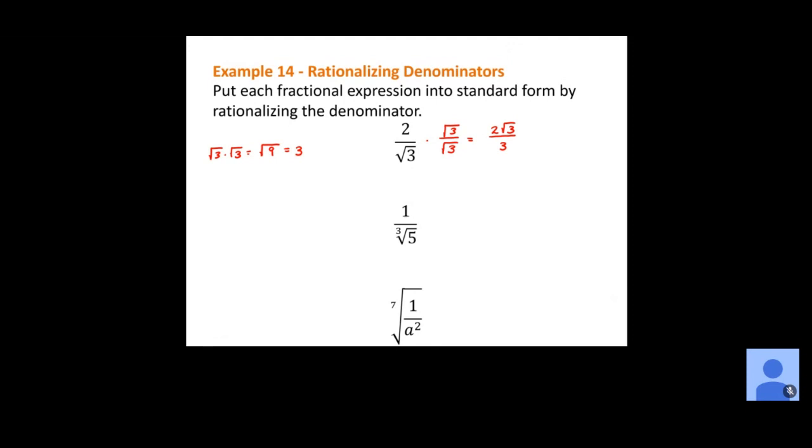All right, let's look at the second one. What do you think we might want to do on the second one if we're trying to rationalize, or get rid of that radical in the denominator?